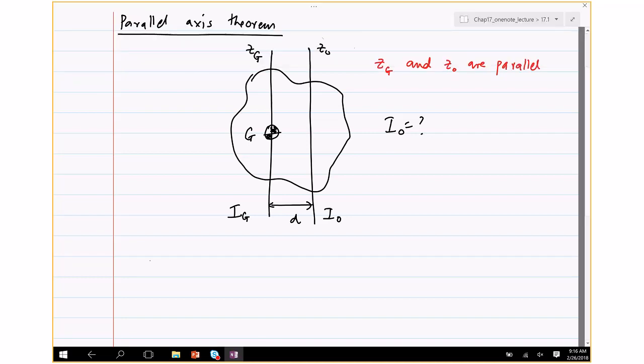The parallel axis theorem says that inertia about a different axis, about a parallel axis, is inertia about the center of mass plus the mass of the body times the distance squared.